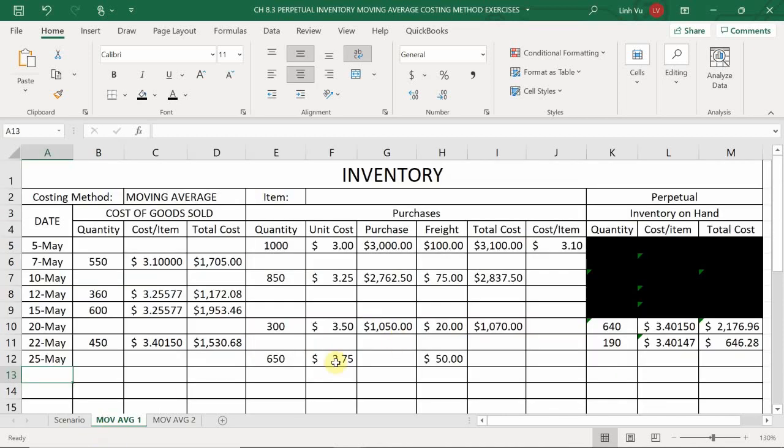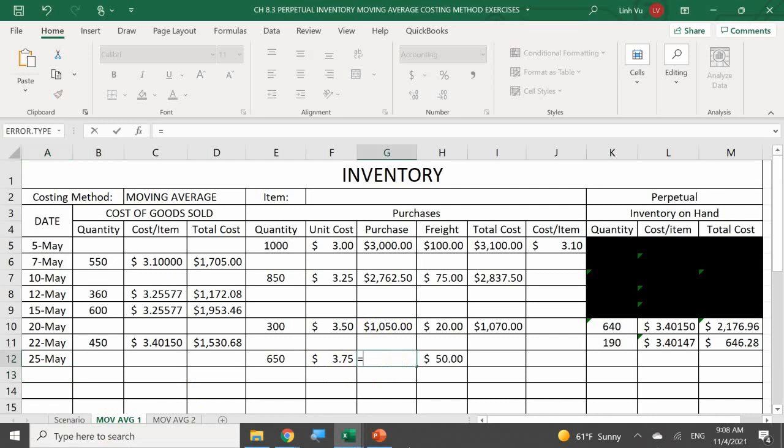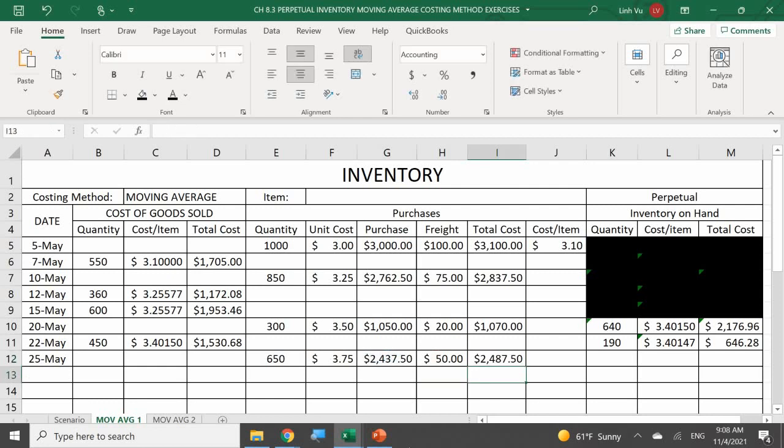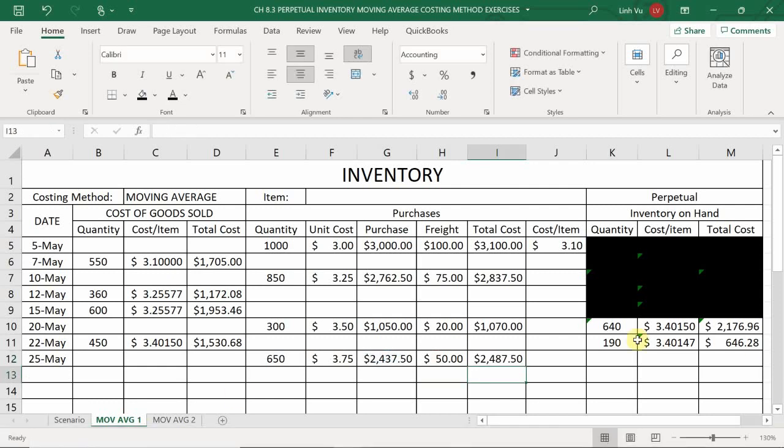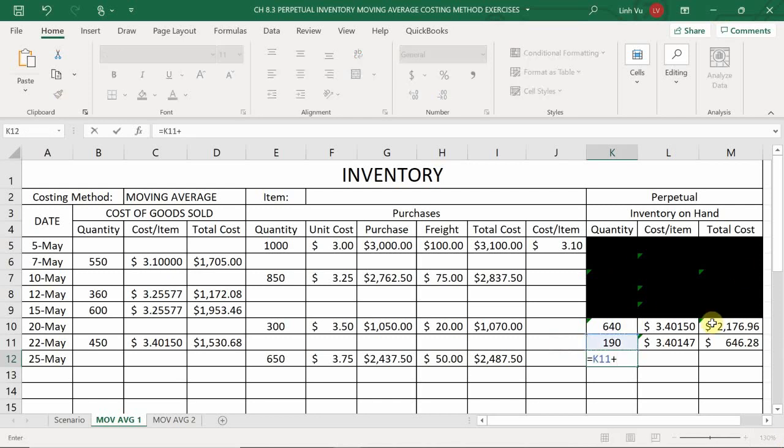Okay. So then, what is my purchase price here? $2,437.50, plus my freight of 50, $2,487.50. So then now I'm adding this 190 to my 650.